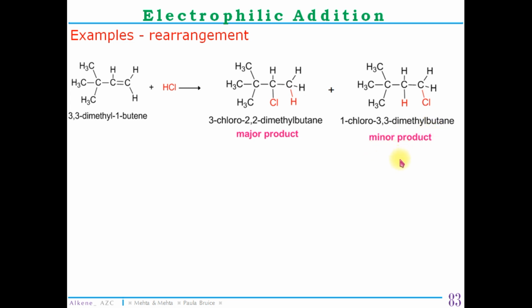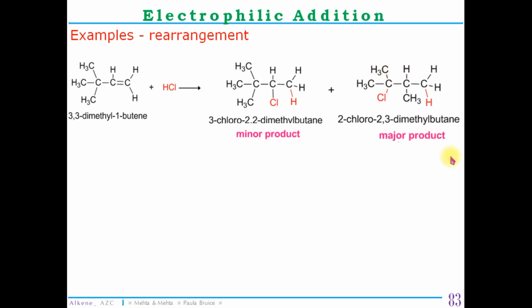But when we actually perform this reaction, 3-chloro-2,2-dimethylbutane will not be our major product, and there isn't any formation of 1-chloro-3,3-dimethylbutane. The actual products which are formed are 3-chloro-2,2-dimethylbutane as minor product and 2-chloro-2,3-dimethylbutane as major product. So this is a rearranged product of haloalkane.